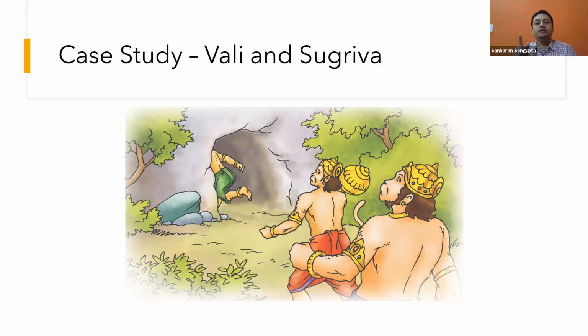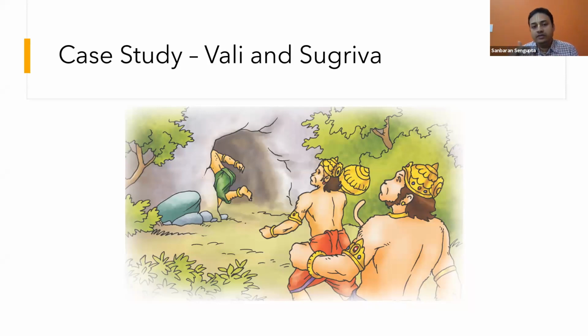You promise that you will wait here for me until I come out. I will kill the demon, punish his followers, and I'll come out. And you wait here. And in case during our fight the demon tries to escape from this cave, you catch him and you kill him." So that was Vali's instruction to Sugriva.